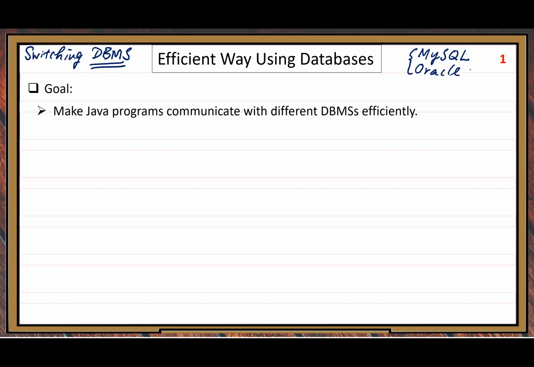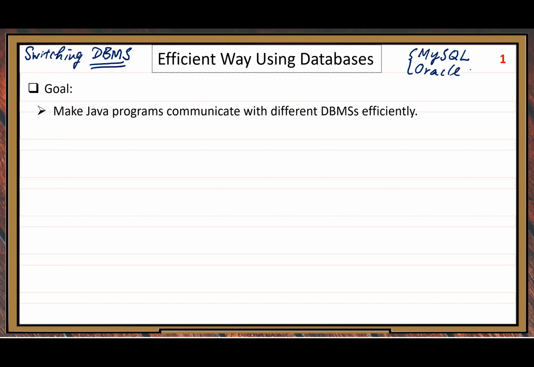They want their technology to adapt to different DBMSs quickly and easily. That's the question they thought about. Here we're talking about the design idea of the Java team, not of us Java programmers.